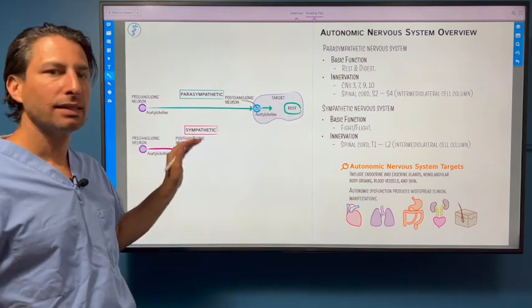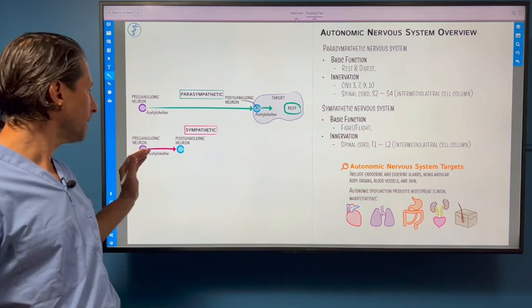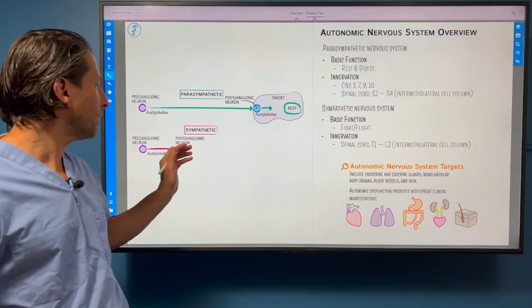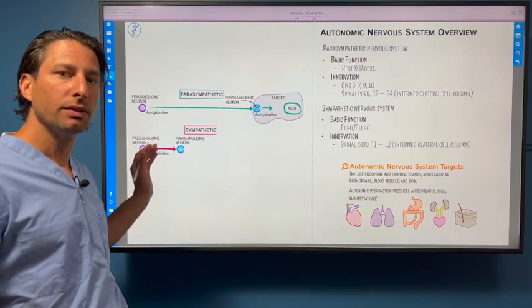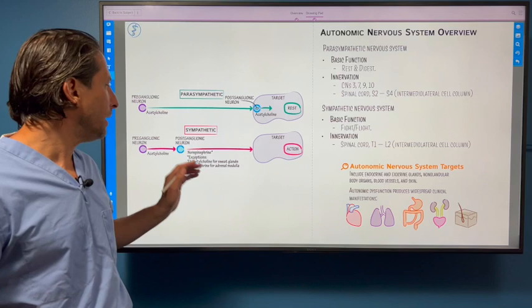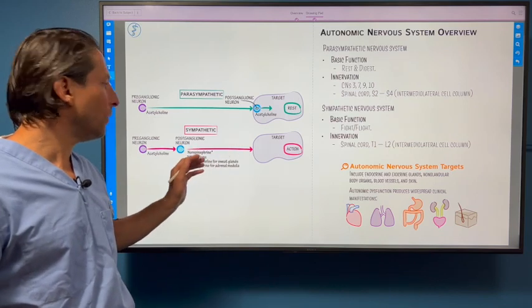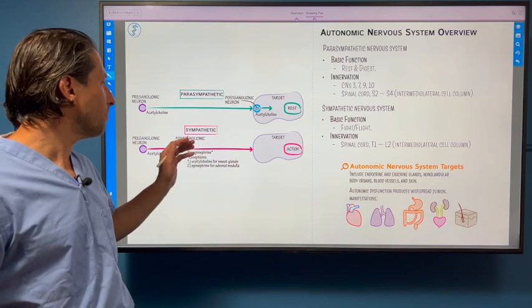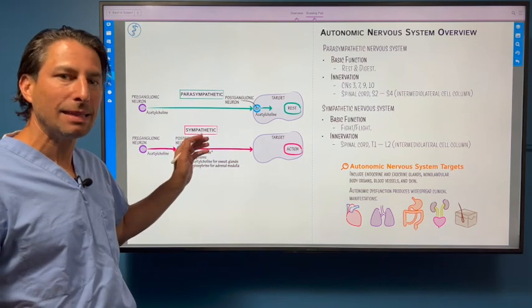From a sympathetic standpoint, the preganglionic neuron again uses acetylcholine. The postganglionic neuron is close to the preganglionic neuron, so that's a key difference. And then another key difference is that norepinephrine is the key neurotransmitter that's postganglionic sympathetic.